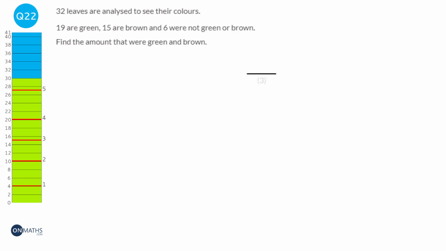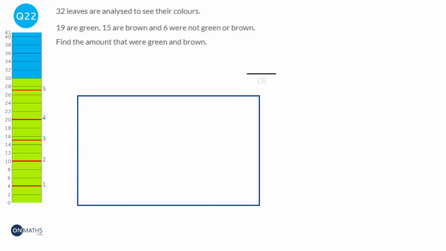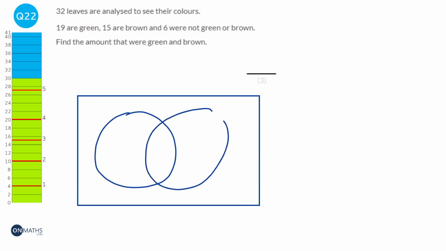We don't have to for this question, but it might be helpful to draw a Venn diagram for this. And we've got green and brown leaves. So we'll have green on the left and brown on the right. So green and brown. And we're told that there are 19 green and 15 brown and 6 that were not green and brown.